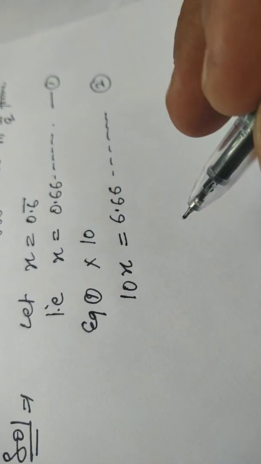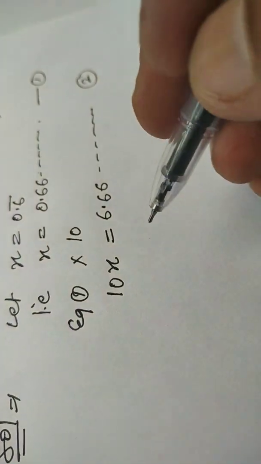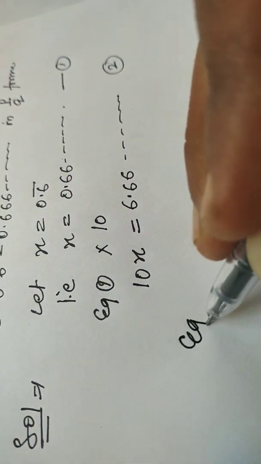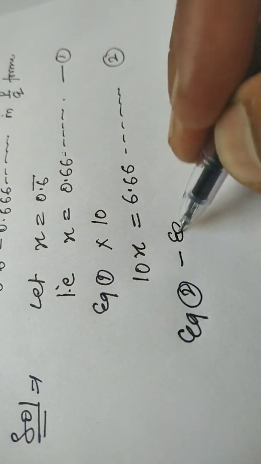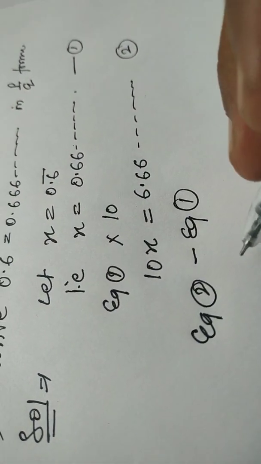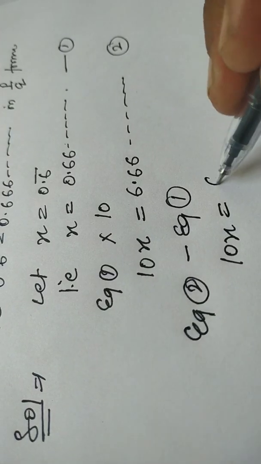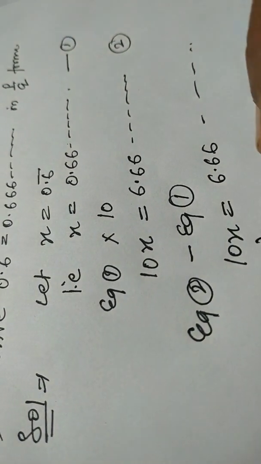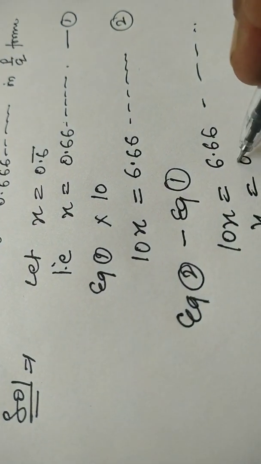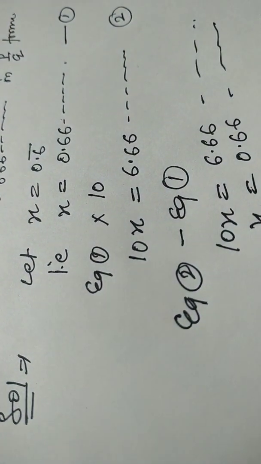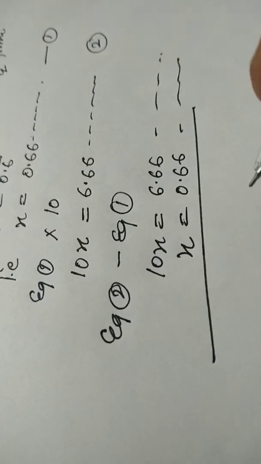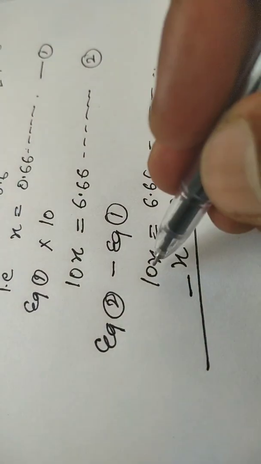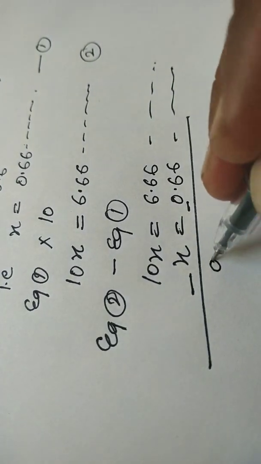If I subtract equation 1 from equation 2, what will we get? 10x is equal to 6.66 dot, and the first equation is x is equal to 0.666 dot. If you subtract, 10x minus 1x is 9x.